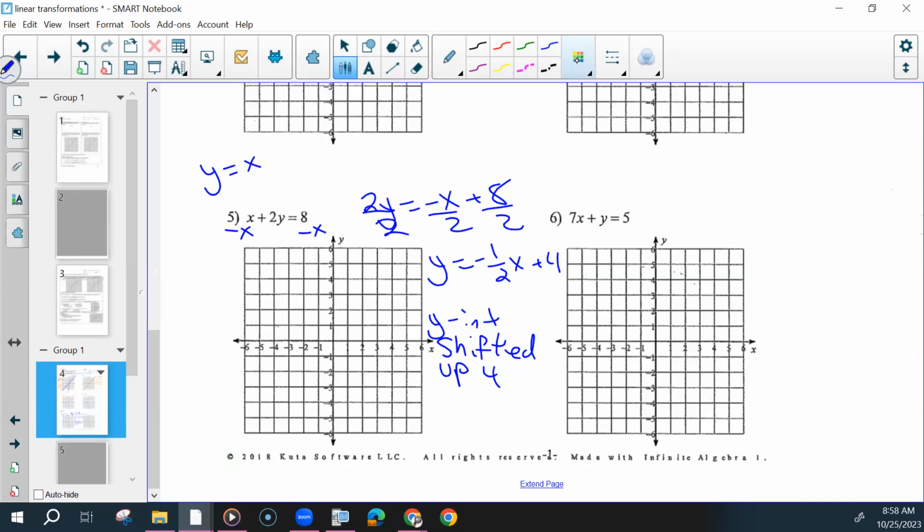What about the slope? Less steep by how much? What's our new slope? But we're not looking at the negative. Those are 2 separate things. So just add 1/2. What does the negative do?